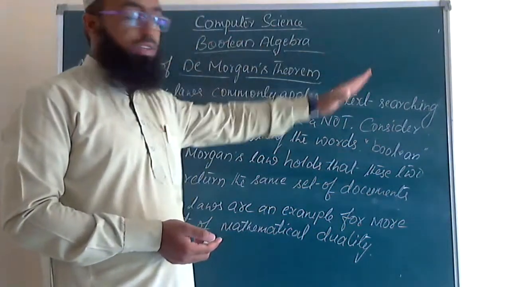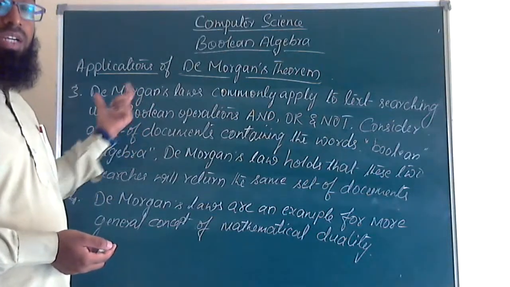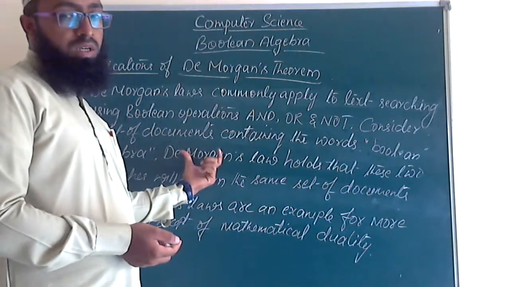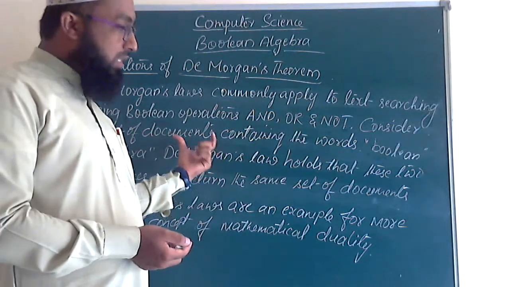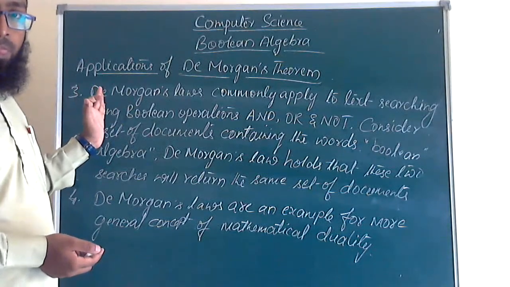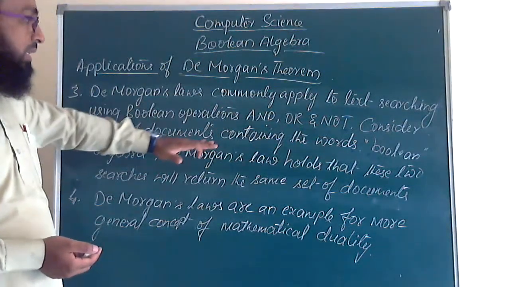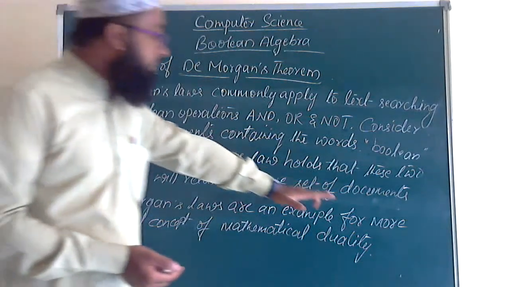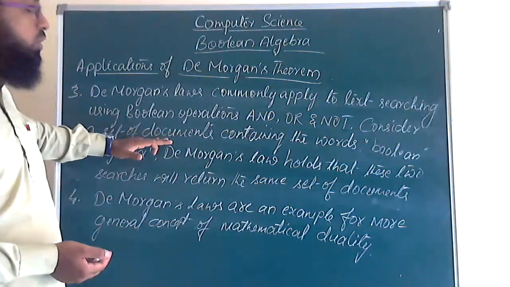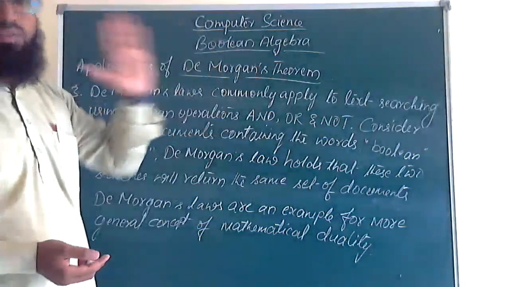For example, if you take a set of documents that contains two words like Boolean and algebra, if we search Boolean AND algebra, the search will go through that set of documents in search of these two words and give you the result.